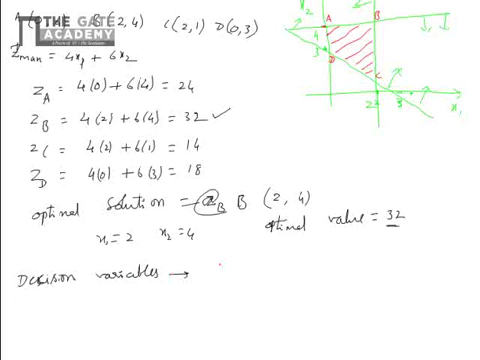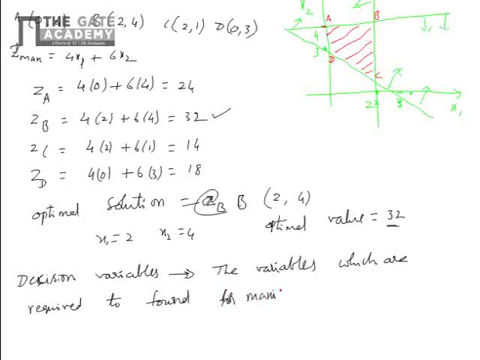Decision variables are the variables which are required to be found in the problem, the variables which are required to be found for maximization or minimization of the objective function.